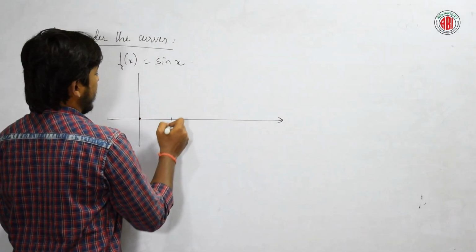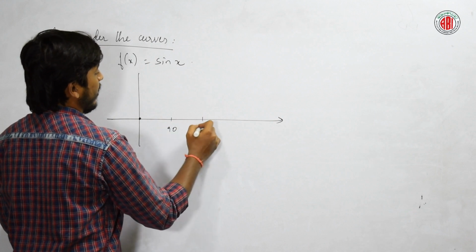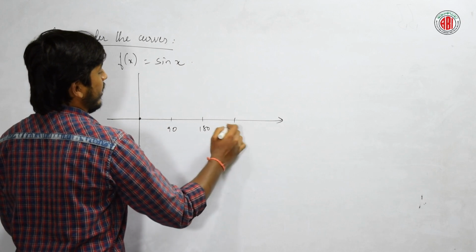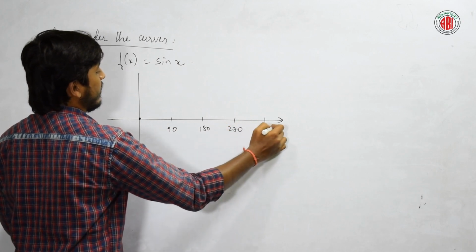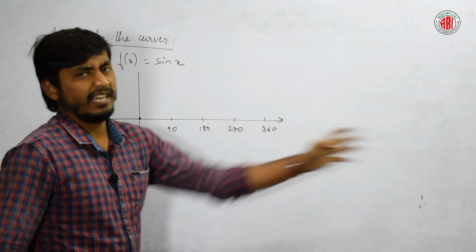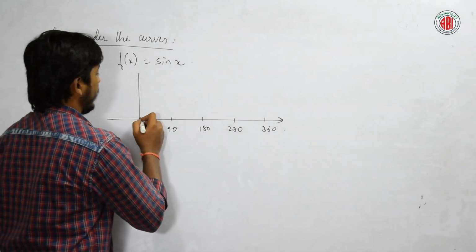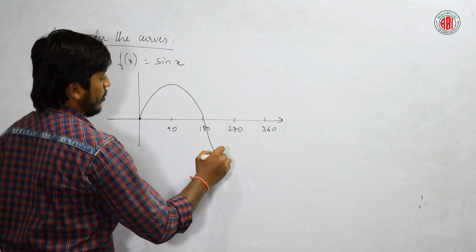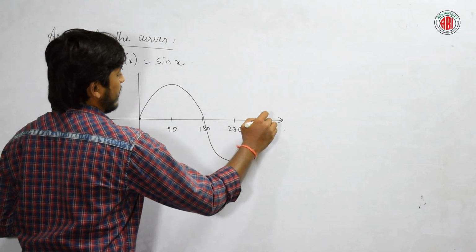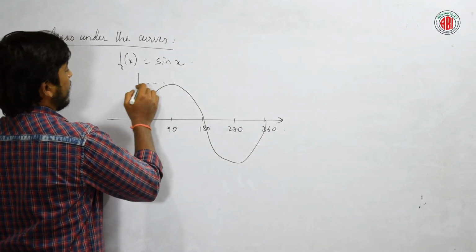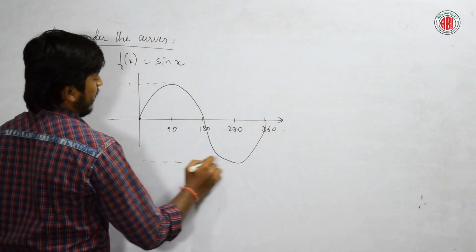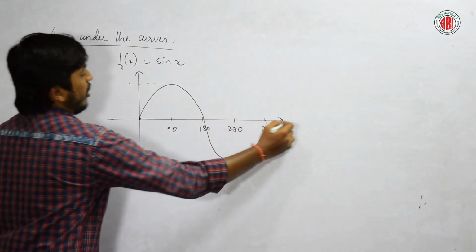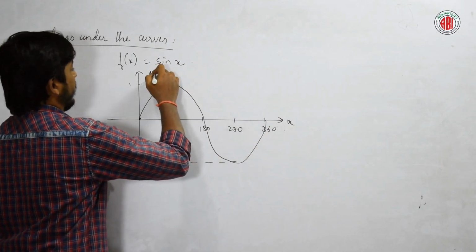Sine 45, sine 90, sine 180, and the next 90, 180, 270, and 360. Again it repeats. So sine 90 is 1, sine 180 is 0, 270 is minus 1, 360 is again 0. And the amplitude is 1 here, and here it is minus 1. Till now we all know this is x and this is f of x.